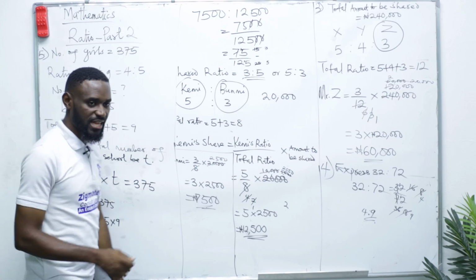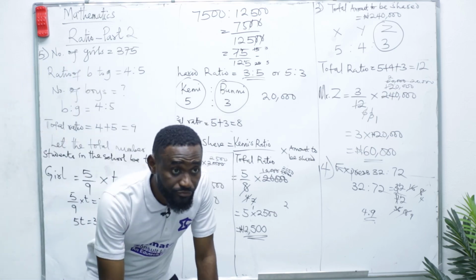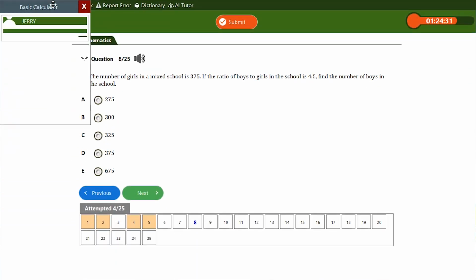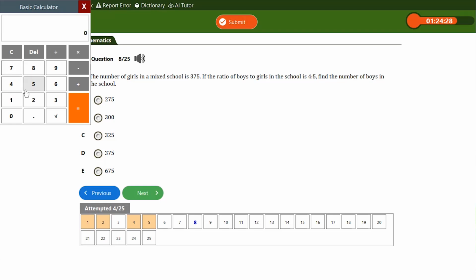Check your calculator. 375 times 9 gives us 3375.